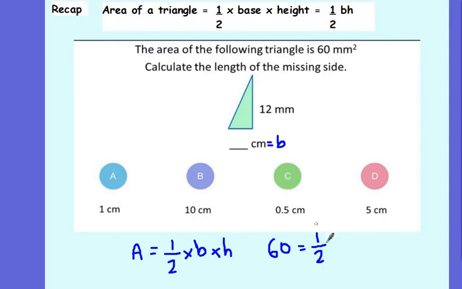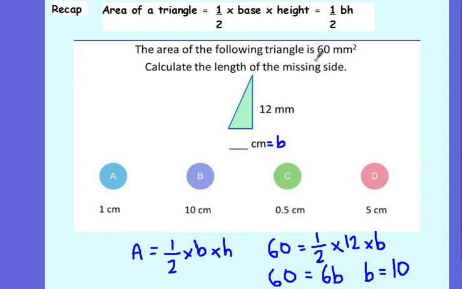I'm just going to put the height first. Half times 12 times the base. Half of 12 is 6, so 60 is equal to 6 times whatever the base is. Dividing both sides by 6, the base is equal to 10.